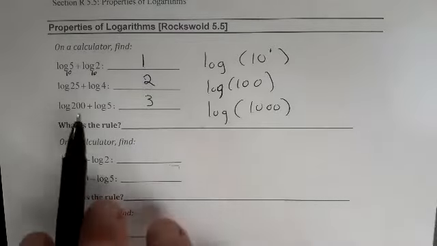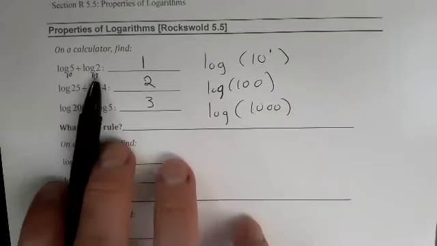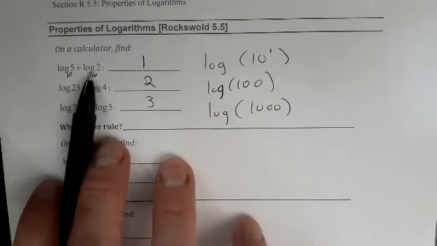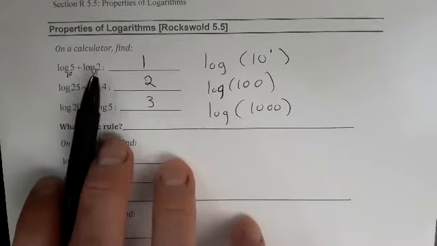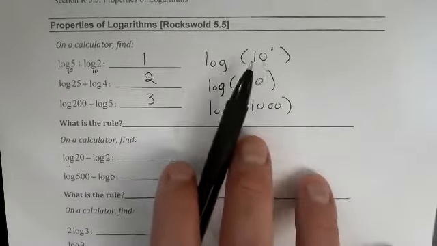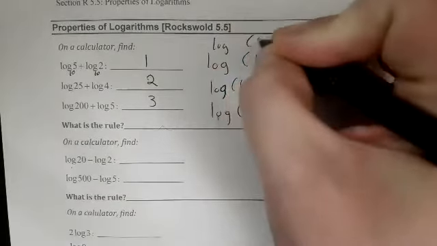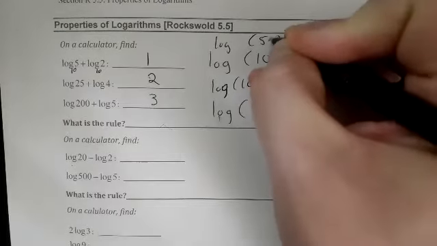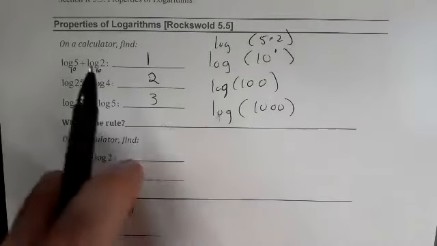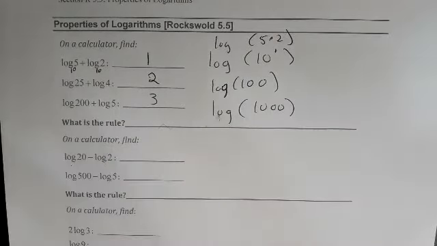Okay, so what they want you to notice is that you're adding 2 logs. And so if we add 2 logs, addition on the outside is like we're going to multiply the things on the inside. So this would be like log of. So if we're adding 2 separate logs, addition on the outside is like multiplication on the inside.